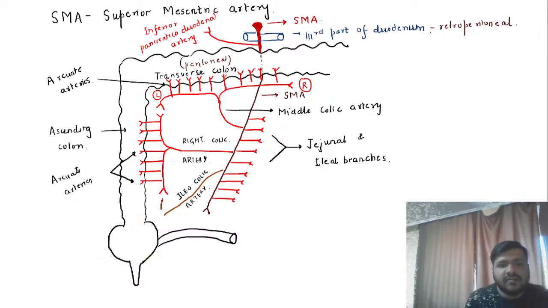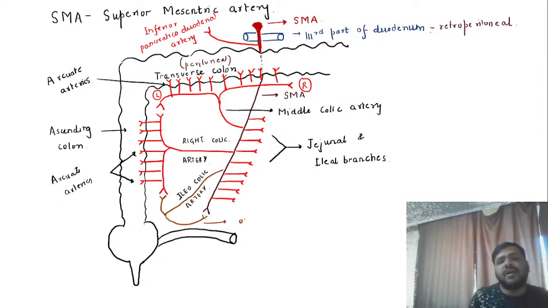This ileocolic artery is anastomosing with, now the right colic is divided into the upper branch and the lower branch. So ileocolic is basically going up and anastomosing with the lower branch of the right colic artery. और एक ब्रांच जो है वो जाकर anastomose करती है superior mesenteric artery से. Okay, that is the lower branch of ileocolic artery.